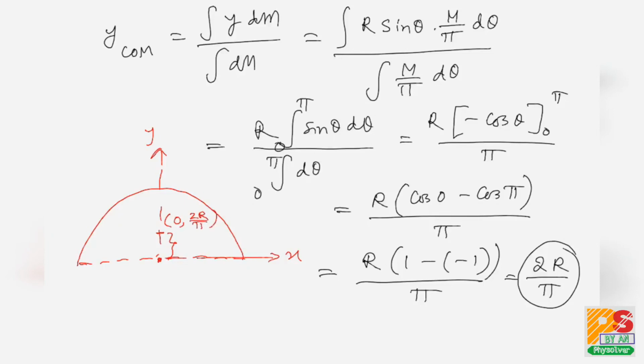This is the length, 2r by pi. Therefore I can say that the center of mass of a semicircular ring lies at a distance 2r by pi from the center on the symmetrical axis. You can say this is the symmetrical axis.